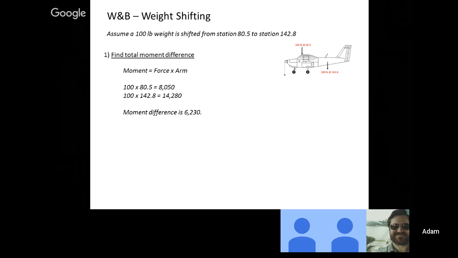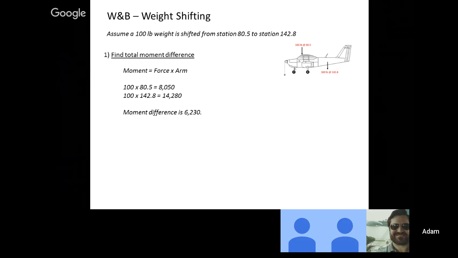Because if you think about it conceptually, you're removing 100 pounds from the 80.5 location. So that's coming out. You're adding 100 pounds to the 142.8 location. That's going in. So there is a difference in moments with respect to the datum, to the nose of the aircraft.